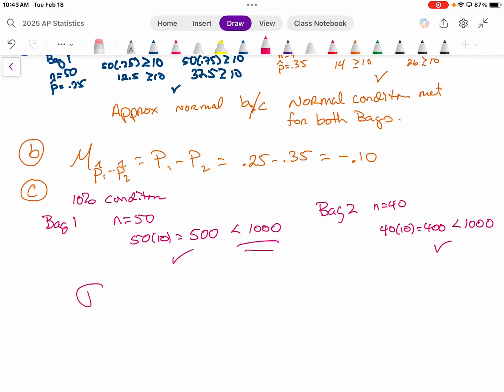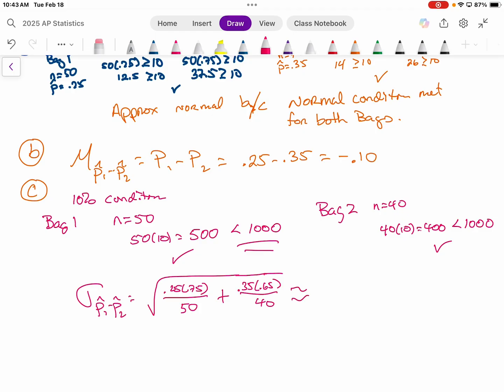So the standard deviation of P1 hat minus P2 hat equals the square root. And remember, it's 2 fractions in there being added. So 0.25 times 0.75 over 50. And then it's 0.35 times 0.65 over 40.